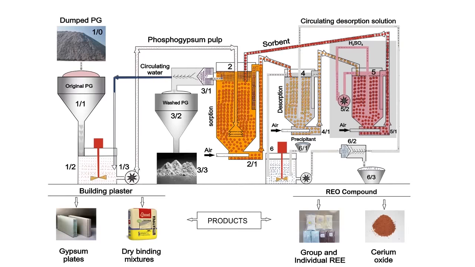Ready-for-reuse sorbent accumulates at the bottom of the column 5 and by airlift, position 5-1, is unloaded in the sorption leaching column, position 2, and the sulfuric acid solution is poured through the top of the column 5 into the circulation pump receiver, position 5-2, and after strengthening, sulfuric acid is returned to the regeneration column, position 5.